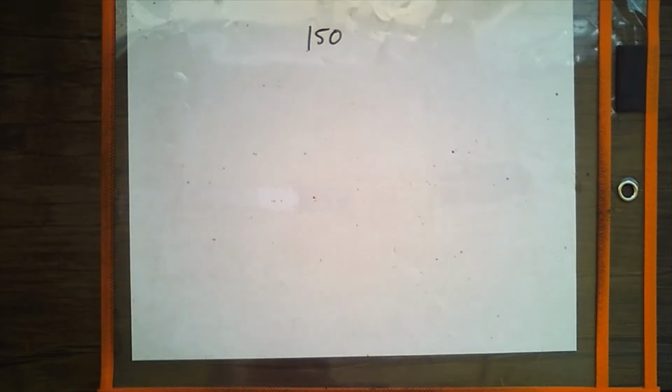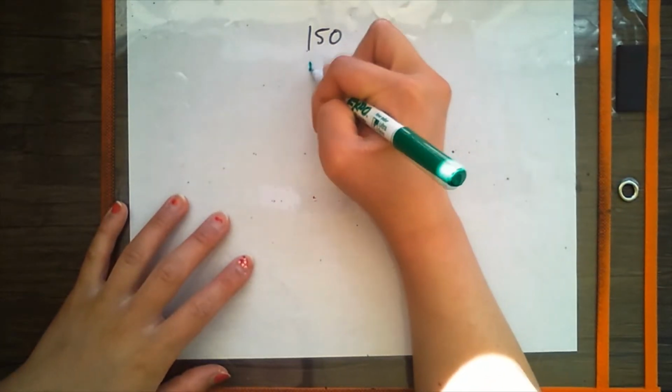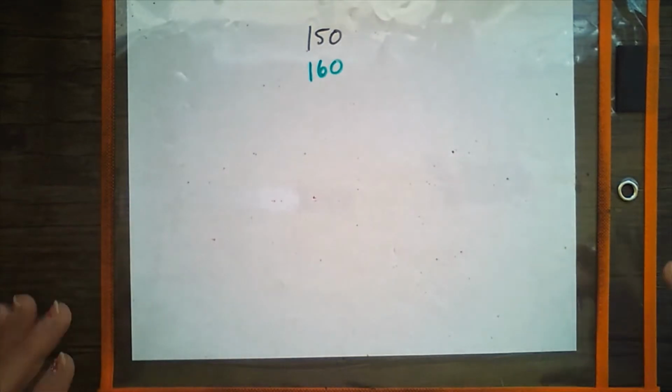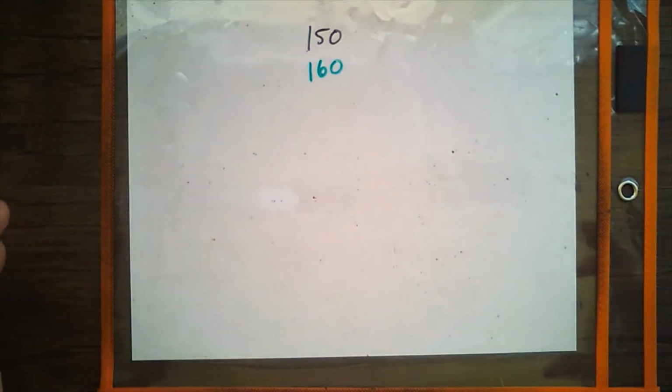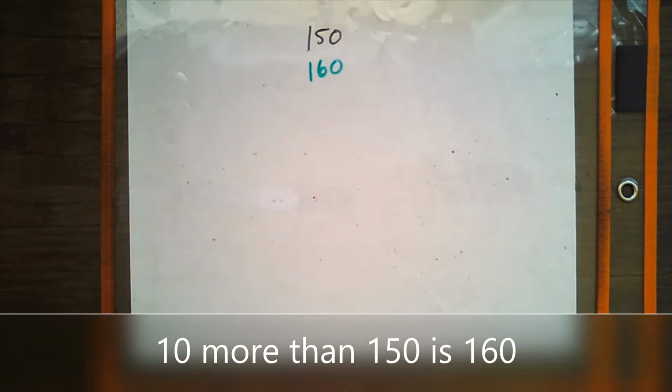Great. So let's go ahead and write that down. Look at our sentence frame here. 10 more than 150 is 160. Now it's your turn to say it using our sentence frame here. 10 more than 150 is 160.